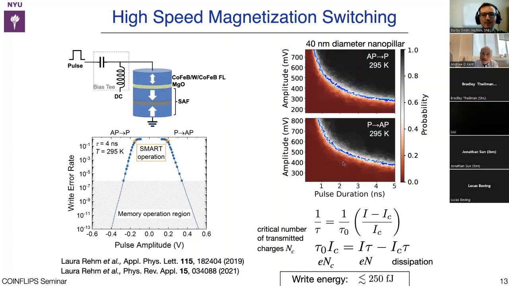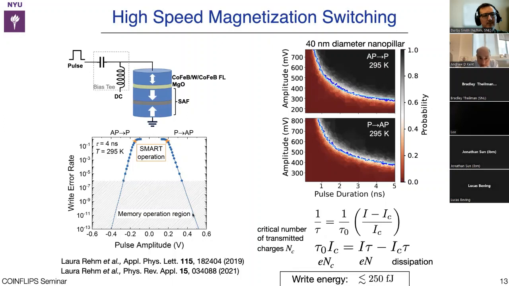This is what gives you this blue line, in fact. But you can think that roughly to get to 50%, you have to put through a number of charges, I times T, of about the number of magnetic moments divided by 2 in the magnetic layer. So if you have 10 to the 5th moments, you need 5 times 10 to the 4 electrons to traverse that layer. That's roughly a way to think of it.